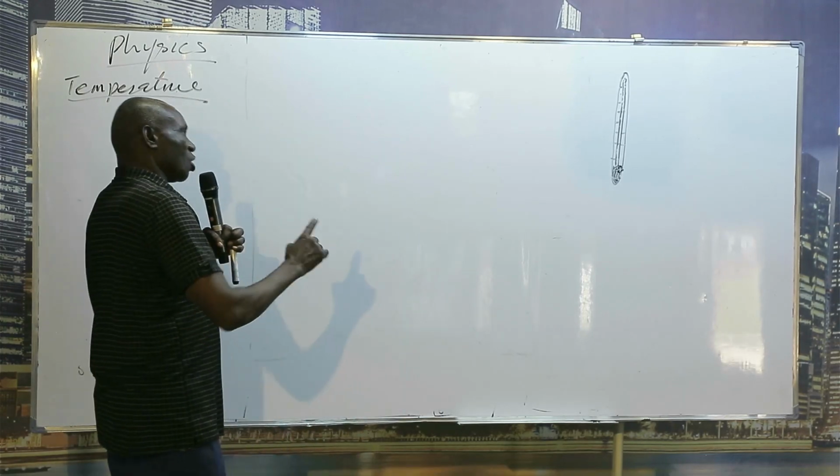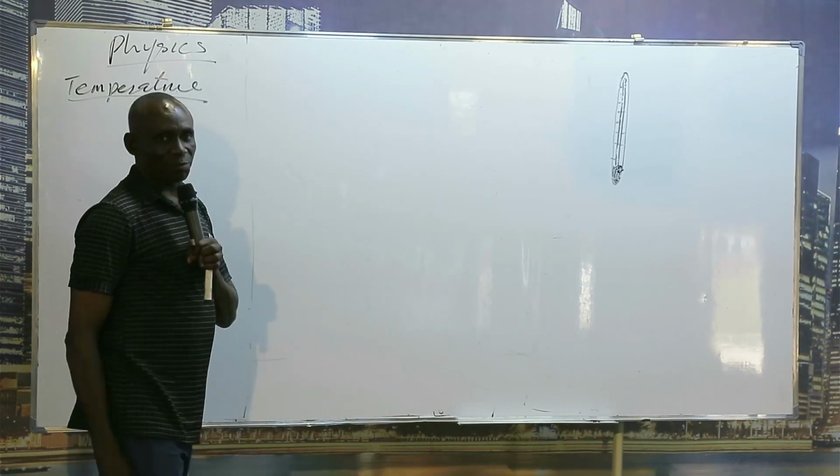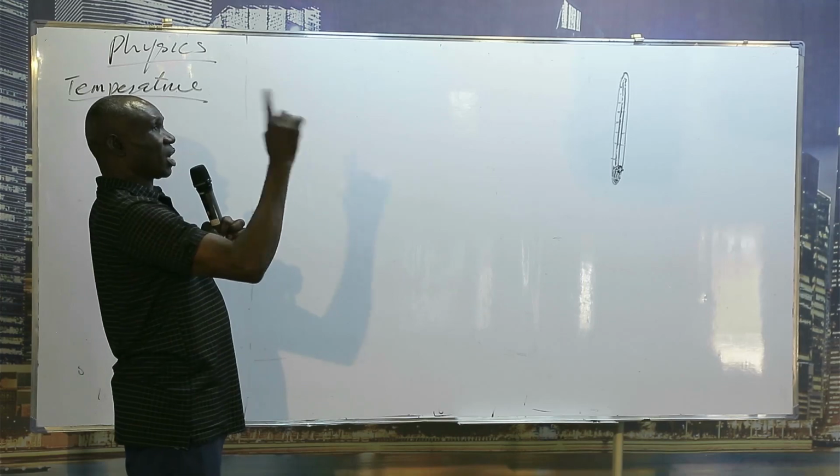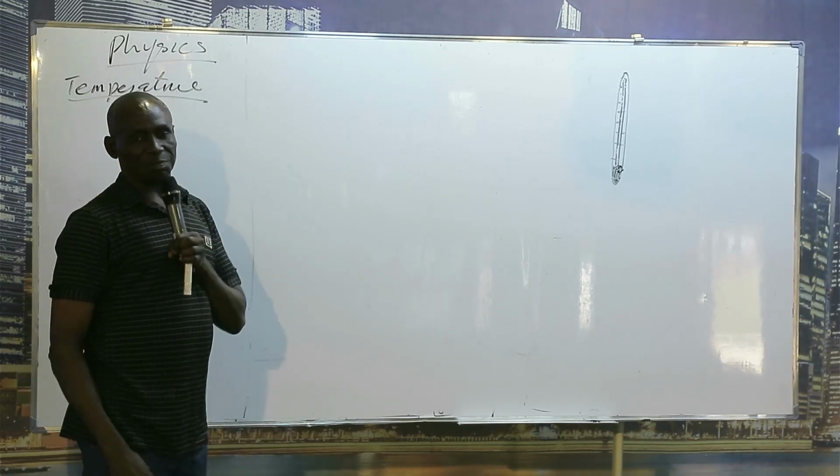In any JAMB question, just volume. Hence, when you see liquid in glass, volume is the property.